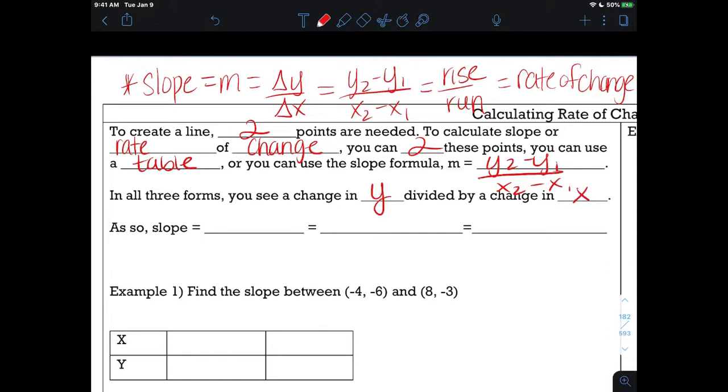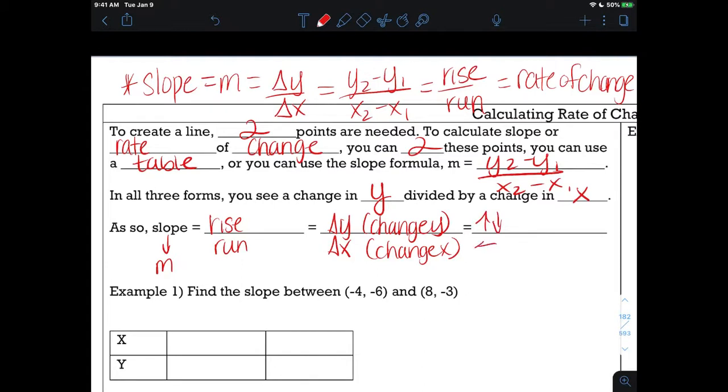So that means that slope, letter m, is also rise over run, change in y over change in x, and it also tells us up, down at the top, right, left at the bottom.